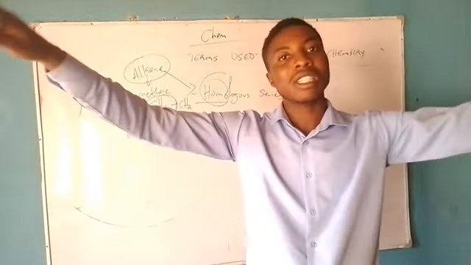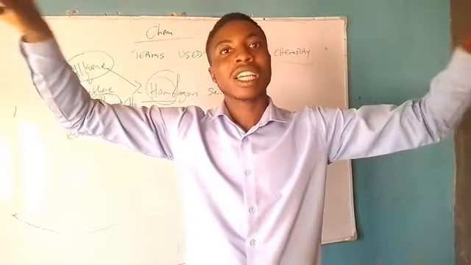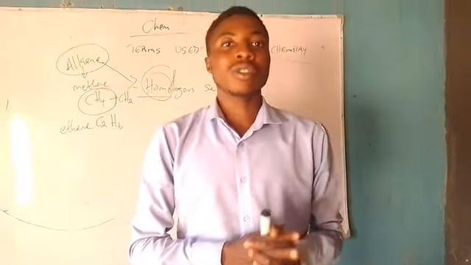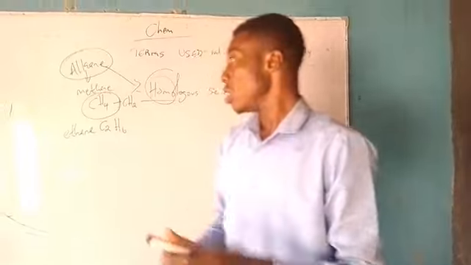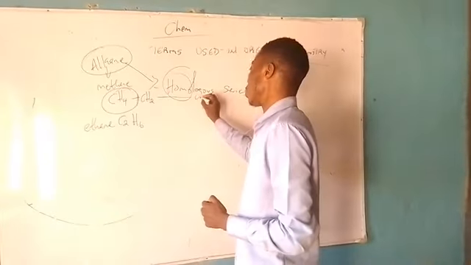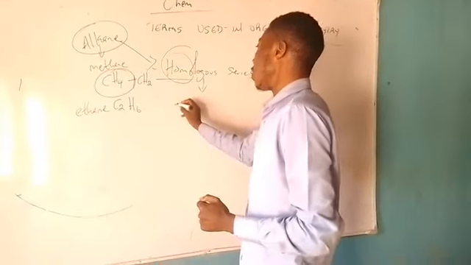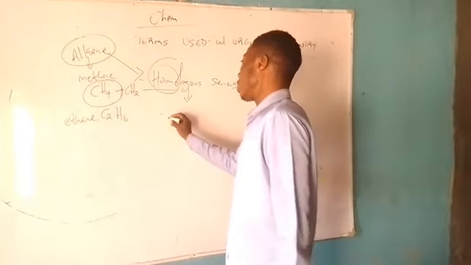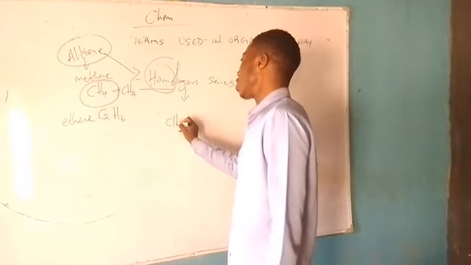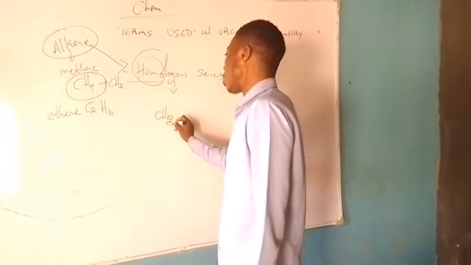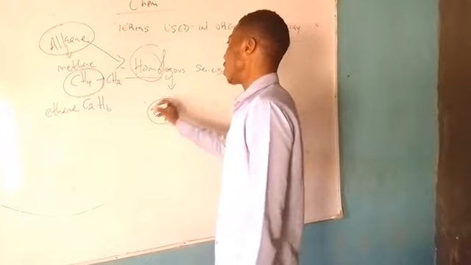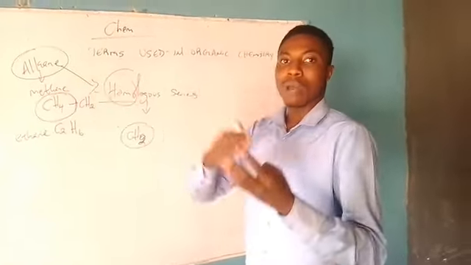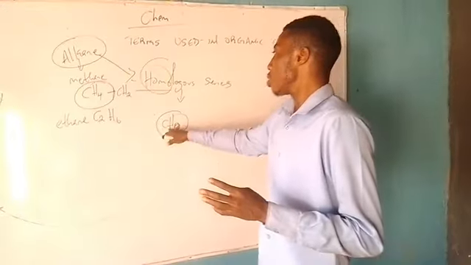So the whole families of organic compounds are grouped into families, and they follow a regular structural pattern. Now the characteristics of this homologous series: one, they have a regular structural pattern. I've already explained that. Two, they differ by CH2. Differ means the difference between two successive members is just CH2.